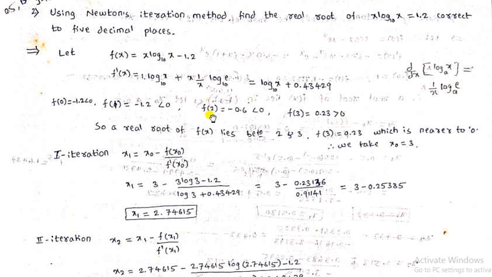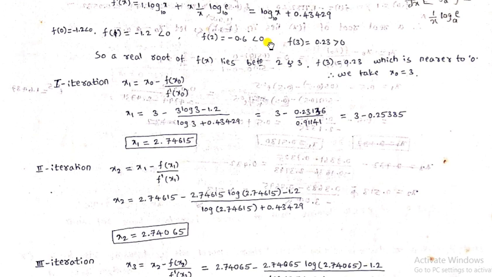Therefore we will use the value of a as 2 and b as 3. Now compare minus 0.6 and 0.23 values with 0. So 0.23 is very close to 0 compared to minus 0.6 here. Therefore we are choosing the initial approximation as x naught is equal to 3.